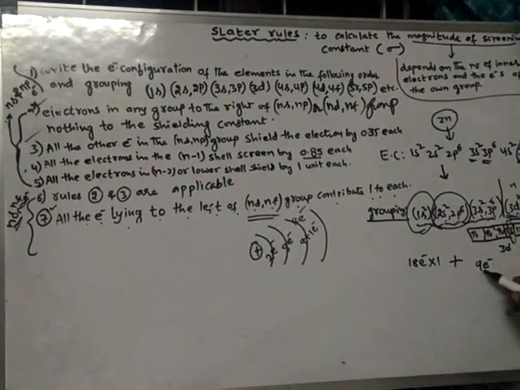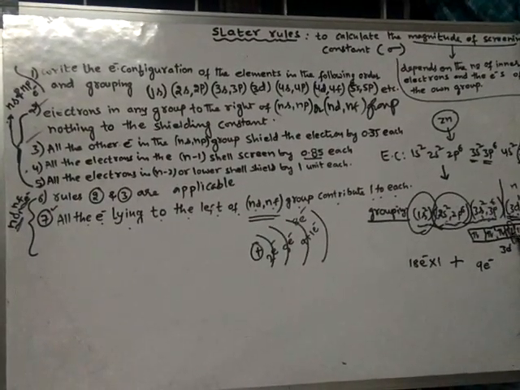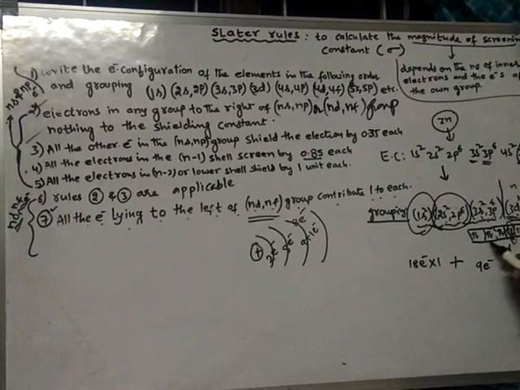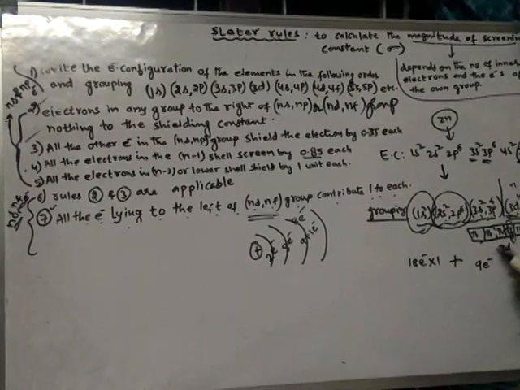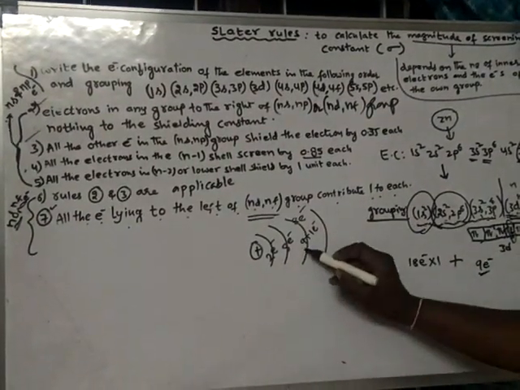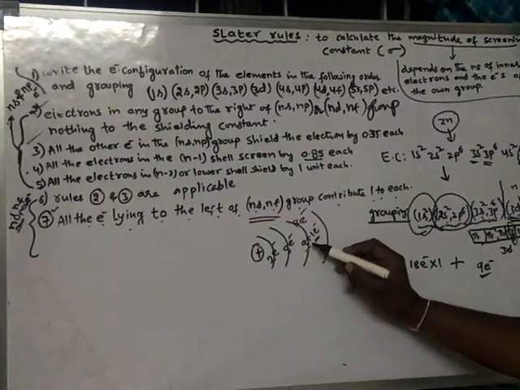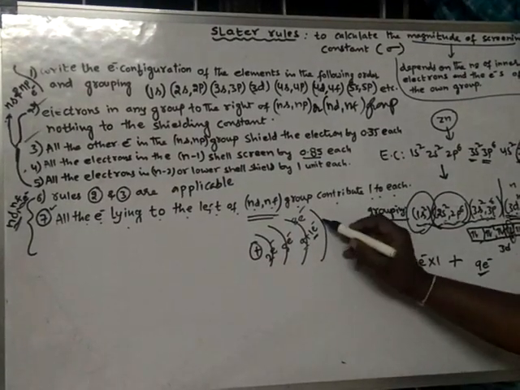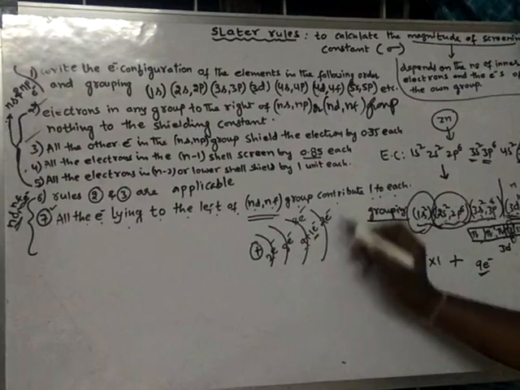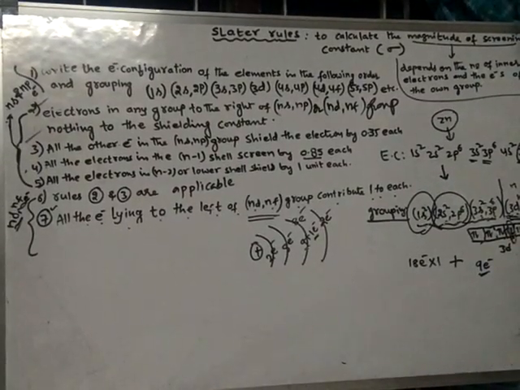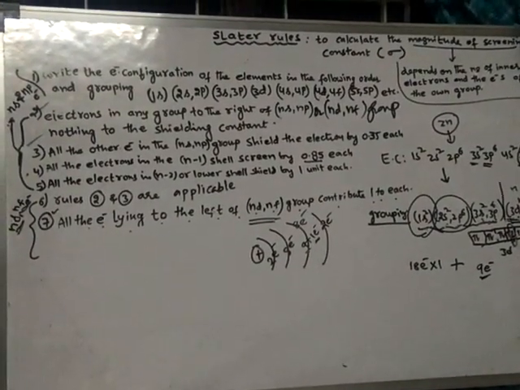Why 9 plus 1? Because I am calculating the screening constant of 1 electron, so the 9 electrons will be treated separately. And the fourth orbit, the 4s, has 2 electrons.